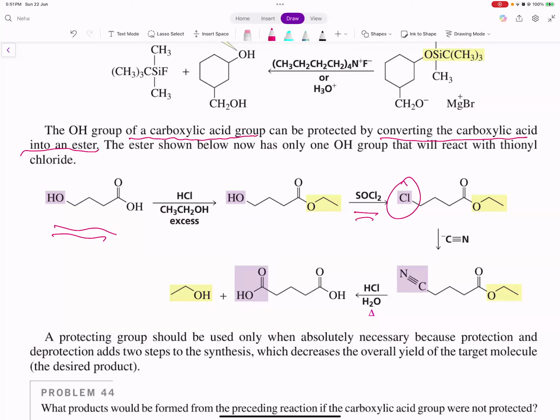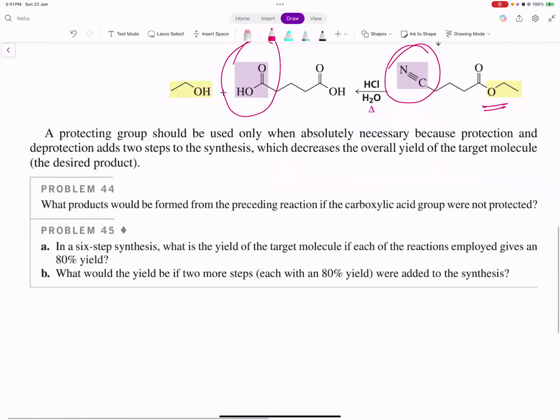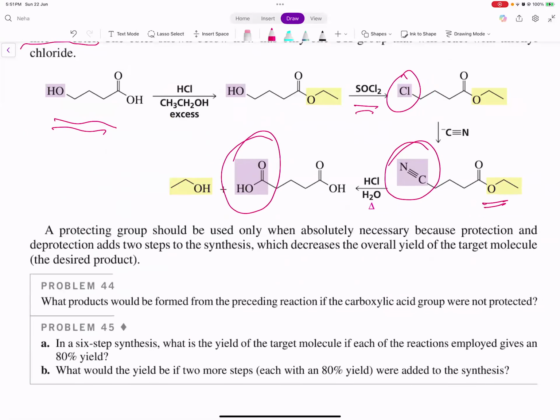When I have opened it back, CN becomes acid and this also becomes acid, because CN is hydrolyzed to COOH in the presence of H plus and H2O. If the acid group is not protected, then we'll get COCl and COOH.